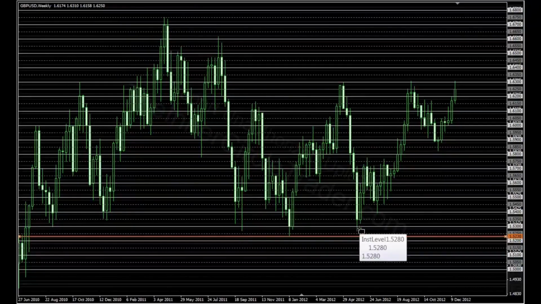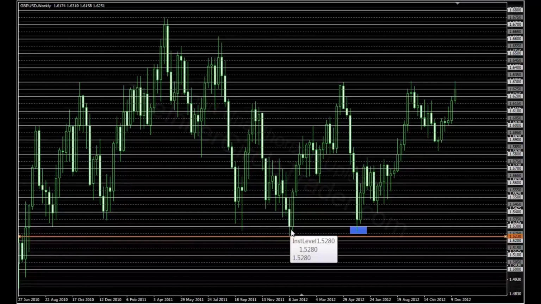Okay, and we're going to use the 53 and the 52.50 level in here. Now what I'm drawing your attention to is the fact that we have this low here, the low here, and the low here. Okay, so we're working within this 50 pip range in here.